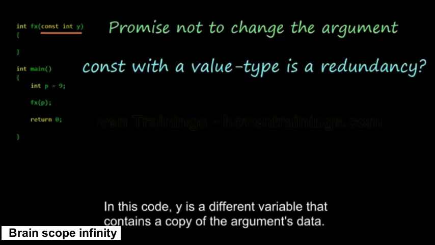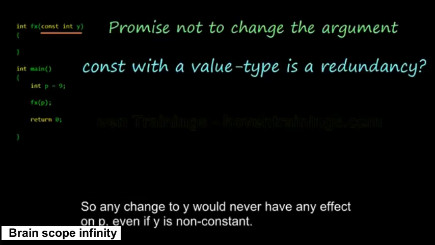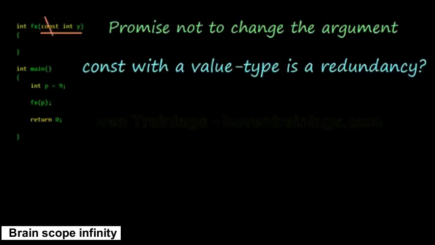In this code, y is a different variable that contains a copy of the argument's data. So any change to y would never have any effect on p, even if y is non-constant. This keyword is superfluous here. It can be safely removed.